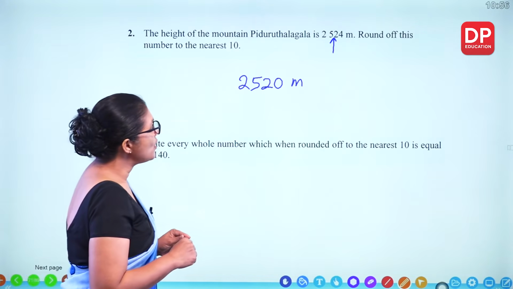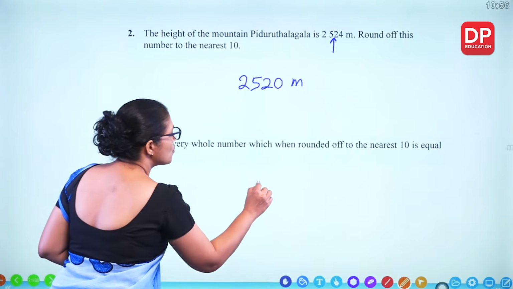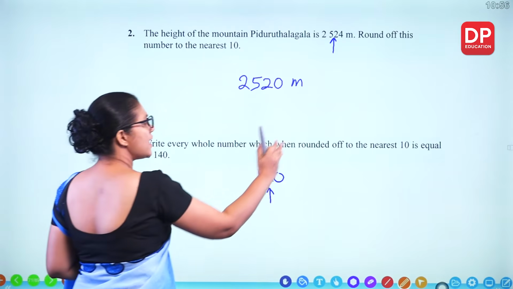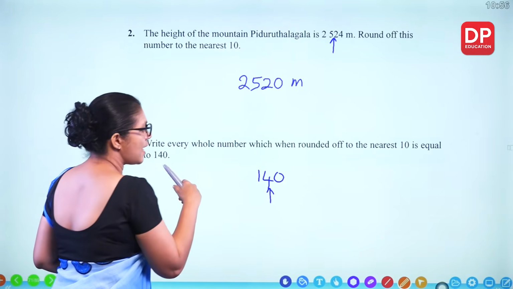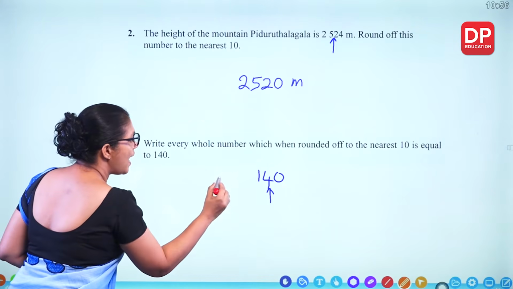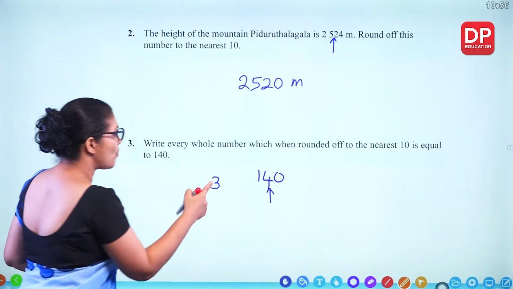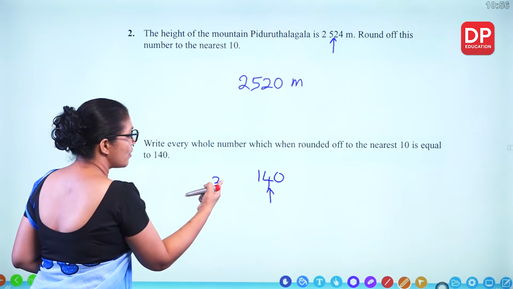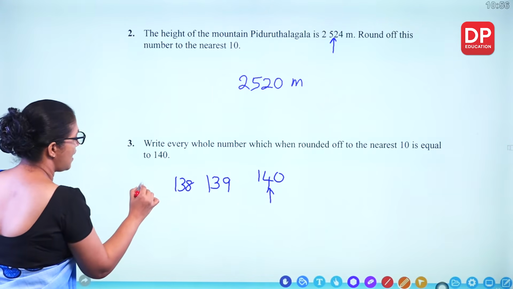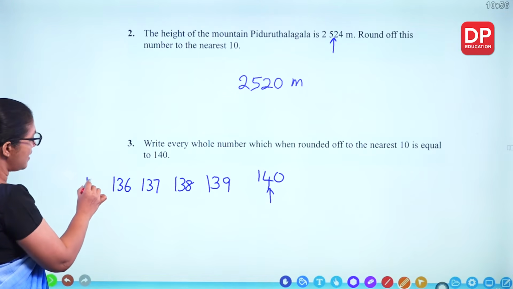Take question number 3. Write every whole number which when rounded off to the nearest 10 is equal to 140. So to the nearest 10. If you take the left hand side, the numbers should be 5 or more with 3, because when you round, you are adding 1 to that. So what are the possible numbers you can get? You can get 139, 138, 137, 136 and 135.